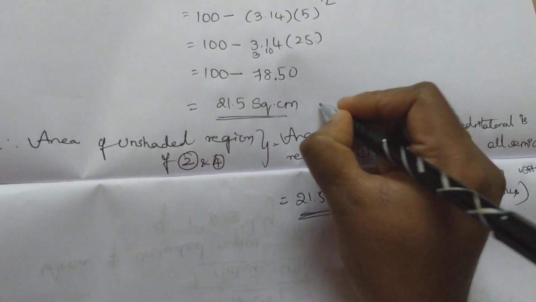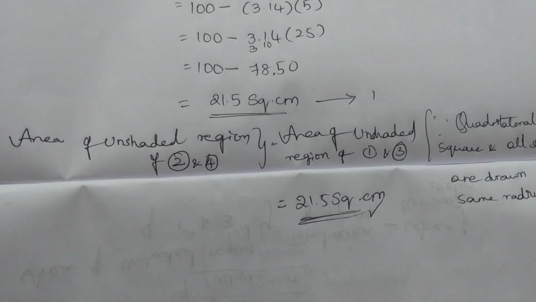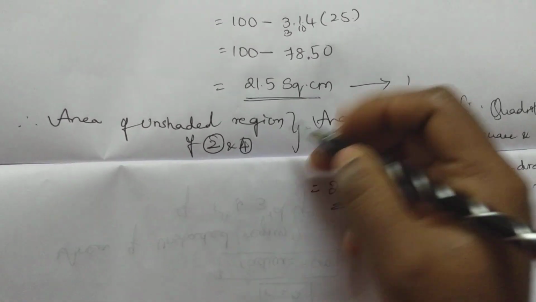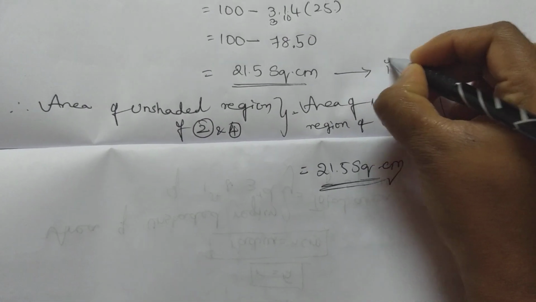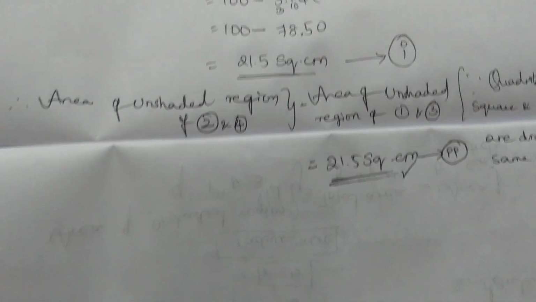So, what will I do here? Put this as equation 1. Since I have used numbers here, so that's why what will I do here? Put this as equation 1 and this as equation 2. Okay.